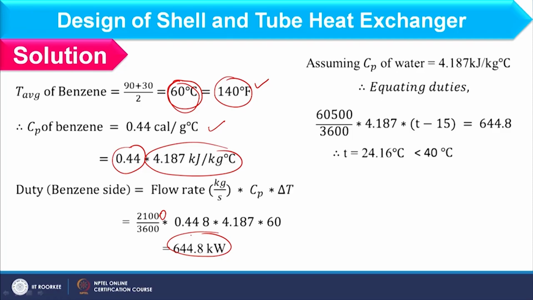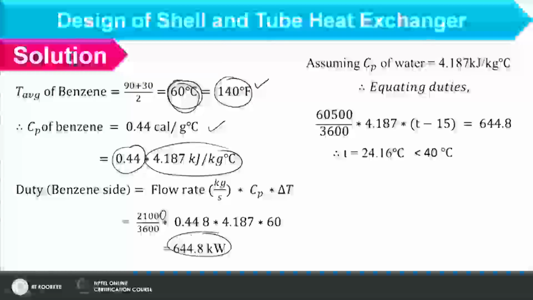So, I can calculate the second temperature, which is unknown to us, for water. Just make the balance of mCp dT. Now, to make the balance, we should also know the specific heat of water. In the case of water, you can assume the Cp value as 4.187, because that value is known to us.